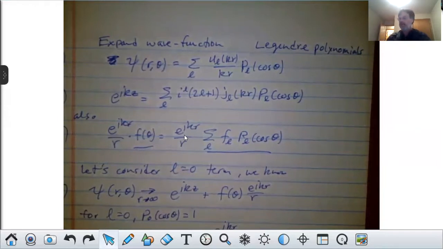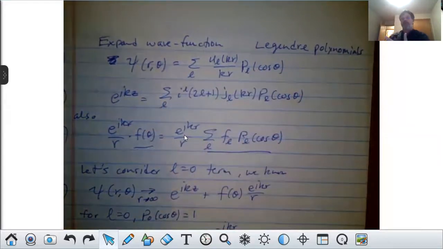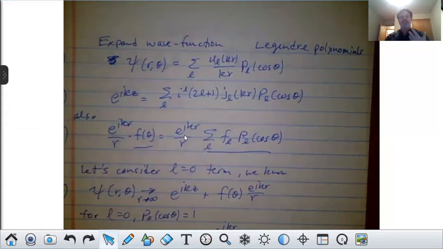But the point is, I expanded the wave function in terms of angular functions. We can talk more about expansions and functions later on. I'm going to do this same thing, expand the other functions that are important.